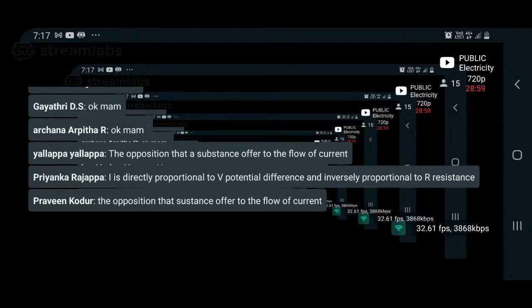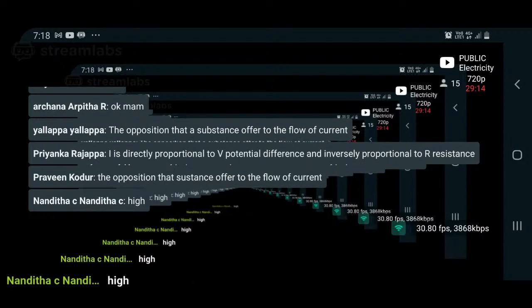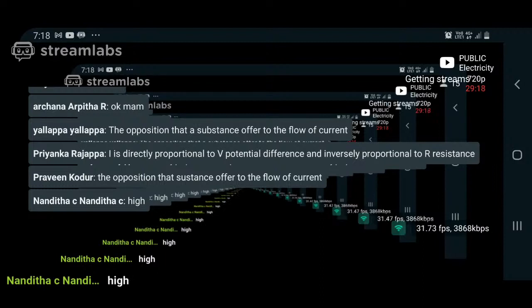Now Pallavi and Rajni try to change the statement like this. Current is directly proportional to the voltage and inversely proportional to the resistance. Okay? Even your statement is correct, but this is very simple. No, Nandita. In the insulators, the resistance is, yes, it's high.